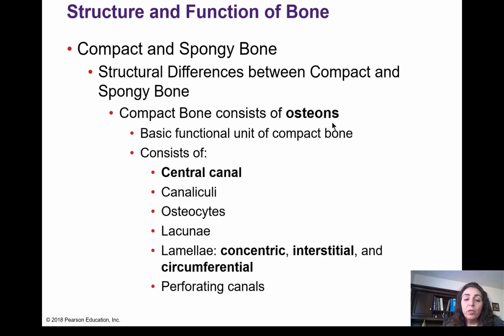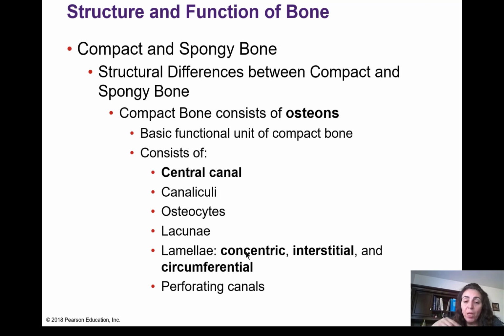Those osteons are the basic functional units of the compact bone. It consists of the central canal in the middle, canaliculi, osteocytes, lacunae, the space around each osteocyte, and lamella, that we have concentric lamella inside of the osteon, around the central canal.